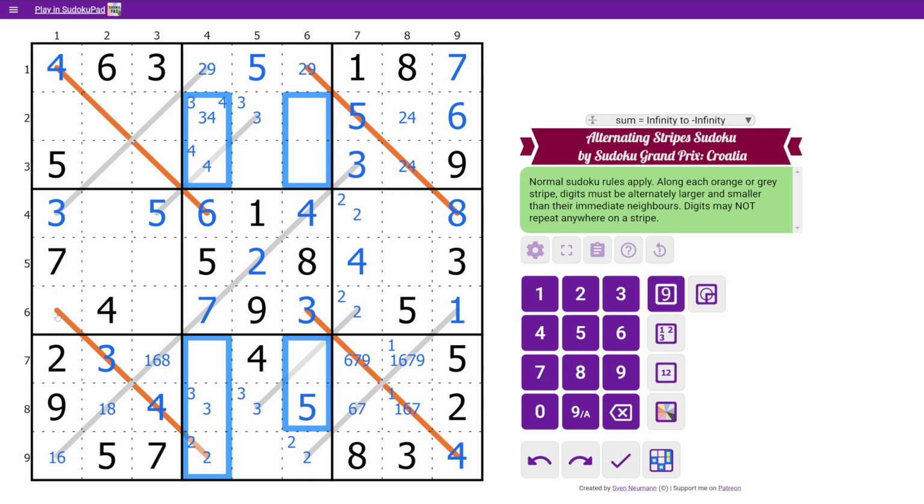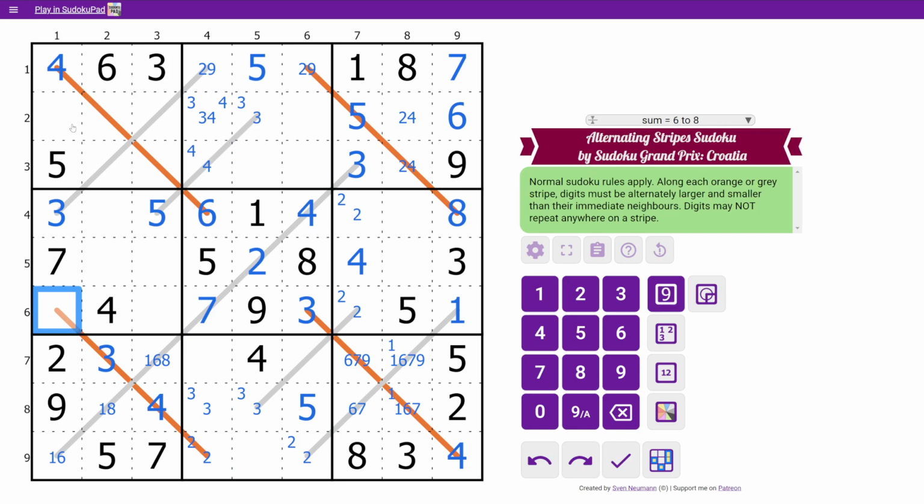I guess that's okay. What else is missing in this column? The only thing missing in that column is 1, 8, and 6. So this is also 1 or 8, and this is a 6 or 8. Okay. This could also be an 8.